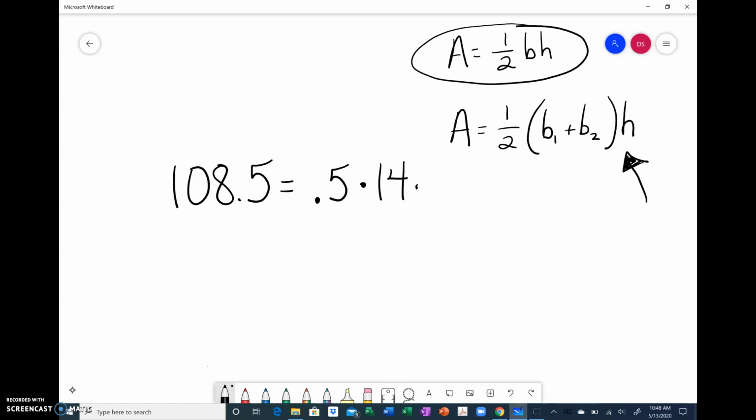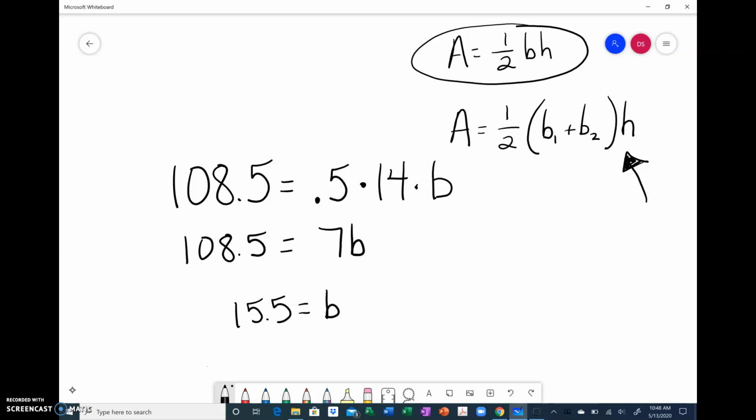Now, because of commutative property, I'm going to write it out like this because I want my variable to be at the end. Okay. Now I'm going to do the next math mentally. 1/2 of 14 is 7. And so this is what I end up with. So I need to divide 108.5 divided by 7 equals 15.5 feet for B, for the base. Okay, that's how you do number 5.